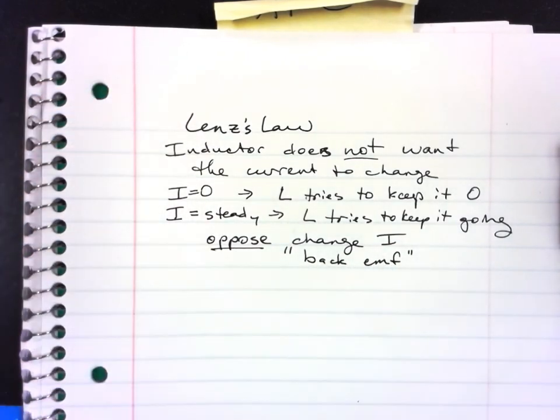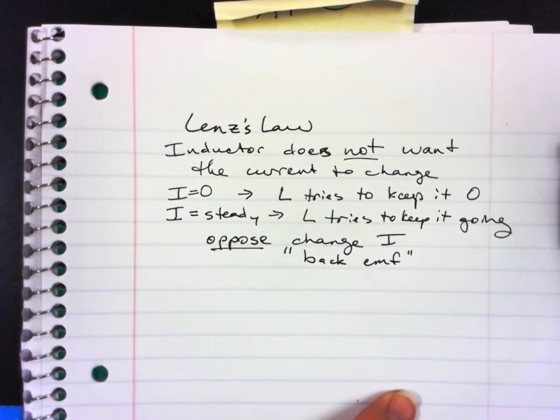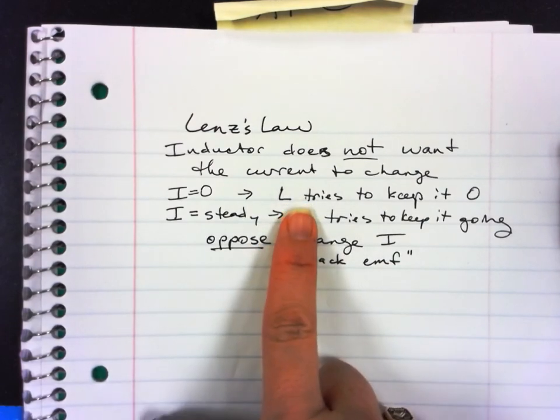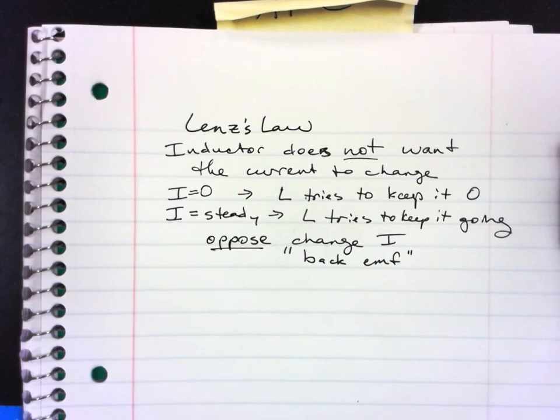It's like an inductor is a little battery that does the opposite of what the rest of the circuit is doing. So if you already have current flowing and then you turn off the battery, you flip the switch, the inductor is actually going to keep it going for a while. If you initially connect a circuit, the inductor says, I don't want current, I'm not going to let you go this way. You may notice some similarities in what I'm saying here to what we did with capacitors.